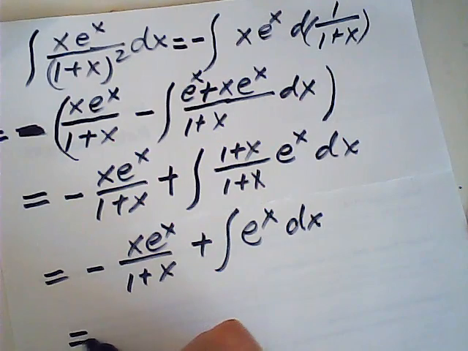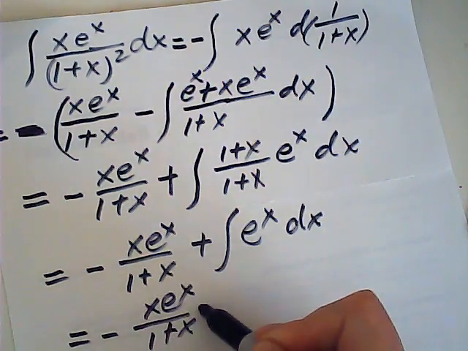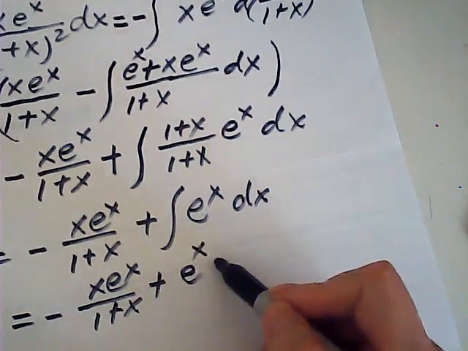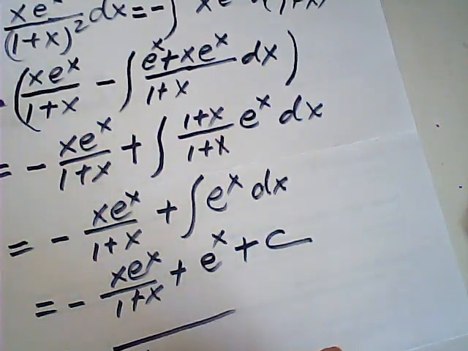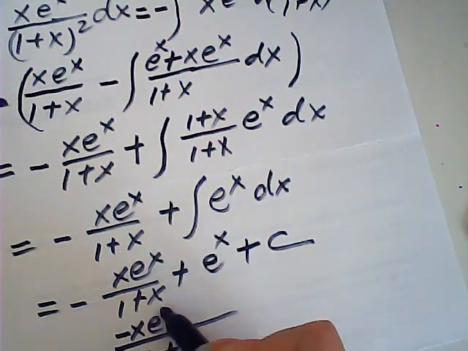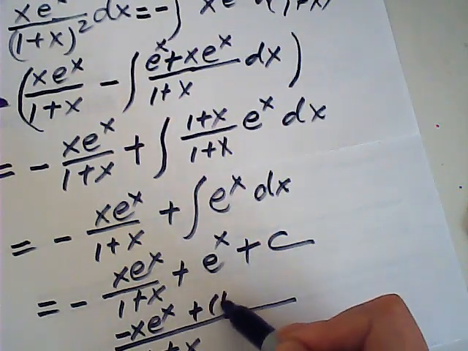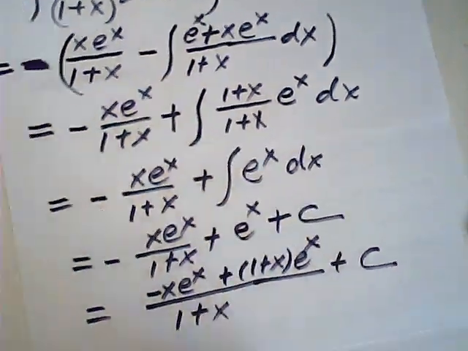And this one is equal to negative x e to the x over (1 plus x) plus e to the x, plus c. Now I can simplify by using a common denominator: negative x e to the x plus (1 plus x) times e to the x, over (1 plus x), plus c.